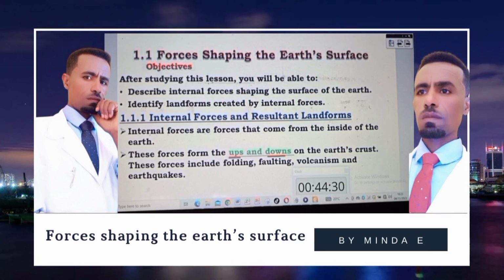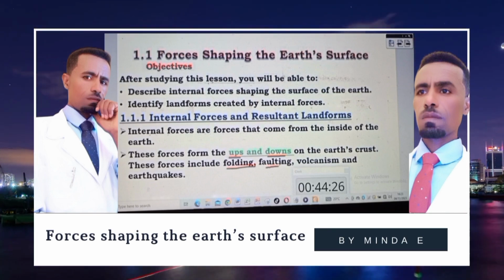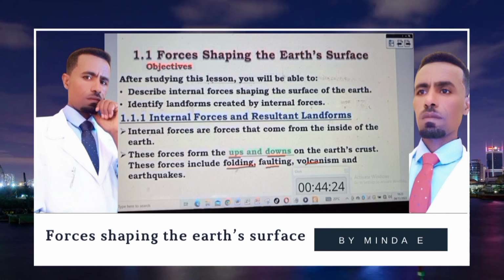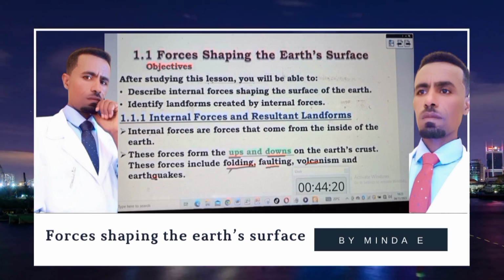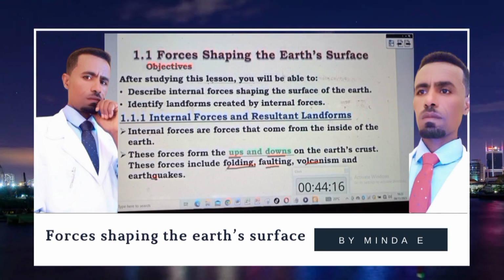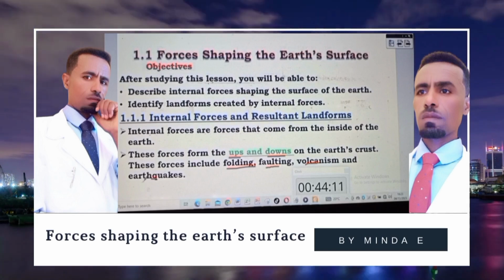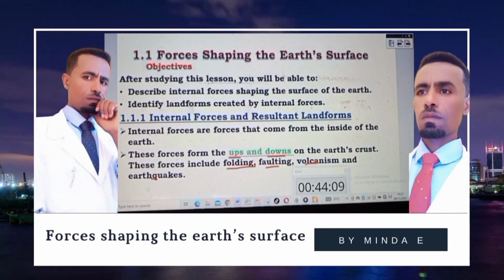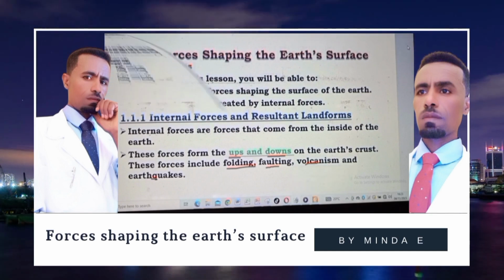These forces include folding, faulting, volcanism, and earthquake. So internal forces are folding, faulting, volcanism, and earthquake. So let us see these forces one by one.